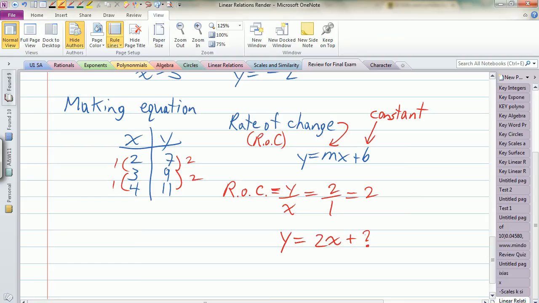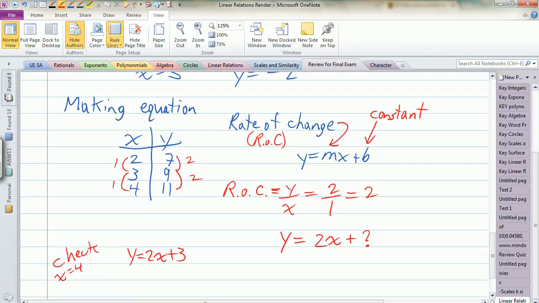Now look at the first point. What would it have to be to make y 7 if x is 2? If x is 2, what would the question mark have to be? 3. So let's check that. We think it's y equals 2x plus 3. I want you to check using the last point.